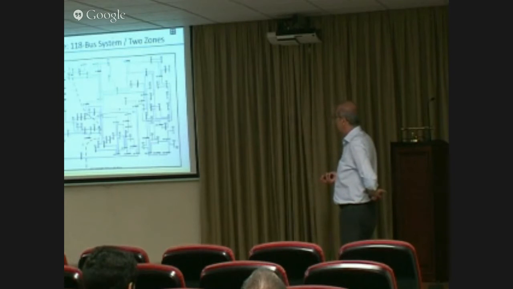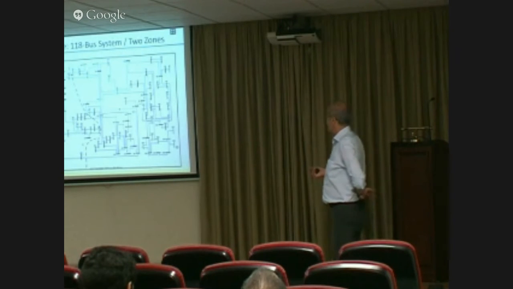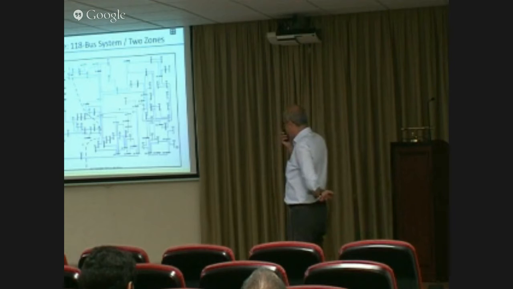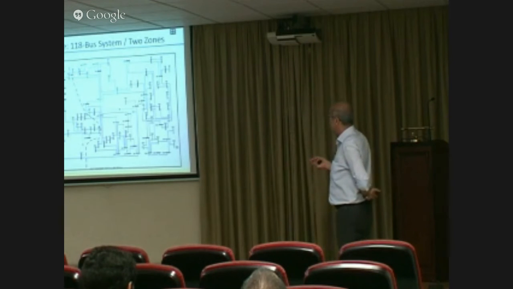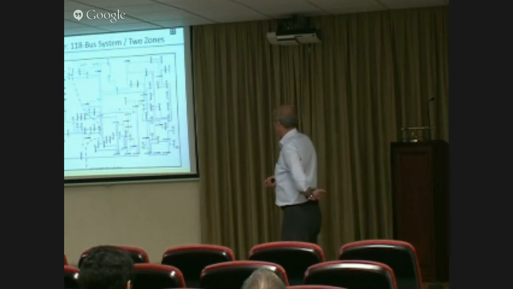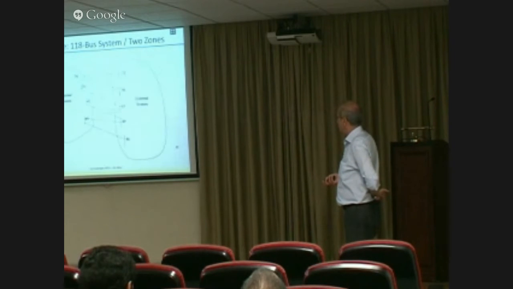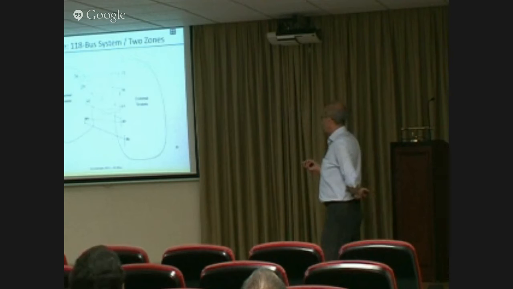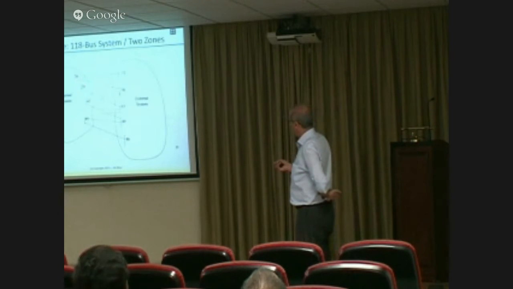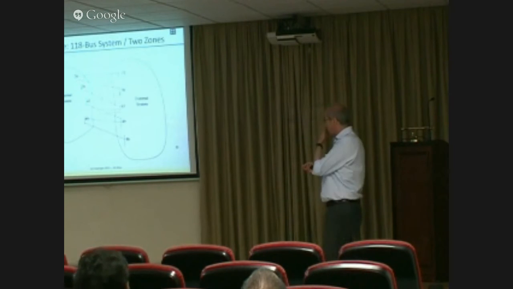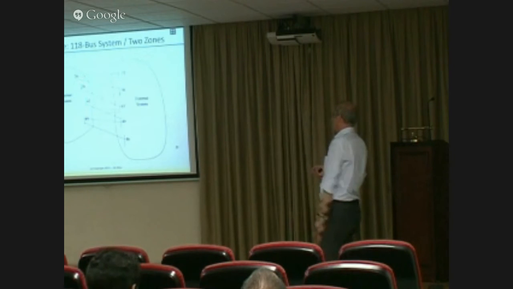So here is an example of how you can actually do it for a small system. You break the system up here, and you call this part internal, call that part external, and then you look at an outage here. It's a 2-zone problem, so essentially you are looking at 4 boundary buses from which you are observing the external system.